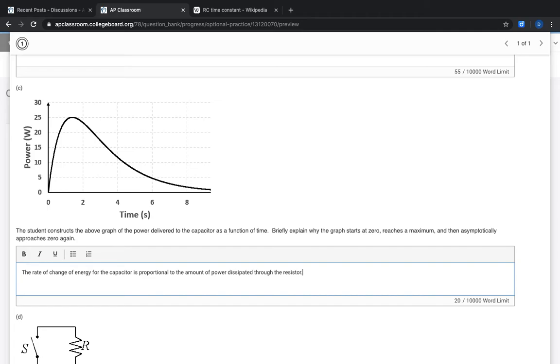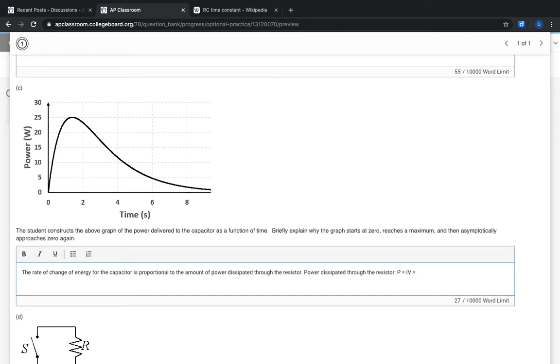So the rate of change of energy for the capacitor is proportional to the amount of power dissipated through the resistor. Power dissipated through the resistor is equal to, we have P is equal to I times V, and it's going to be better to replace V with resistance.